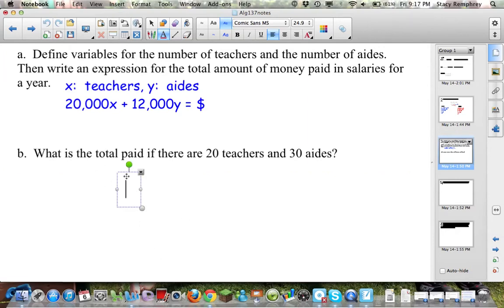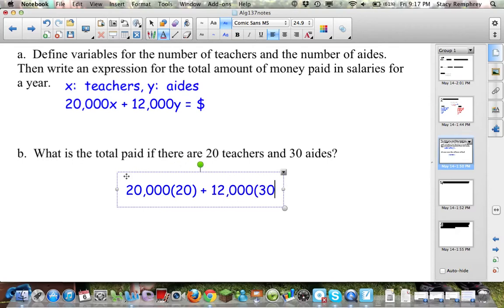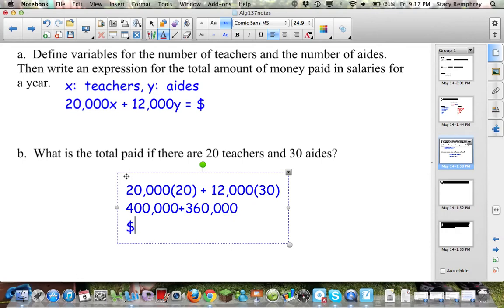So I'm going to just plug in 20 and 30. So I have 20,000 times 20 plus 12,000 times 30 gives me 400,000 plus 360,000. So if I have 20 teachers and 30 aides, I will spend $760,000 at the school.